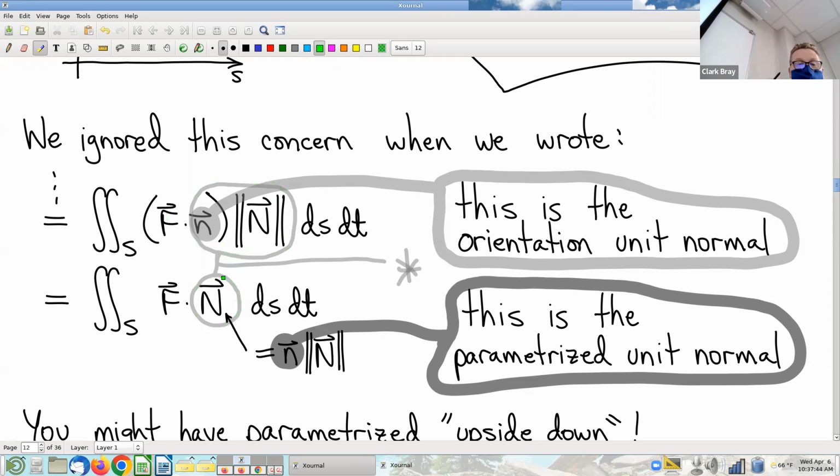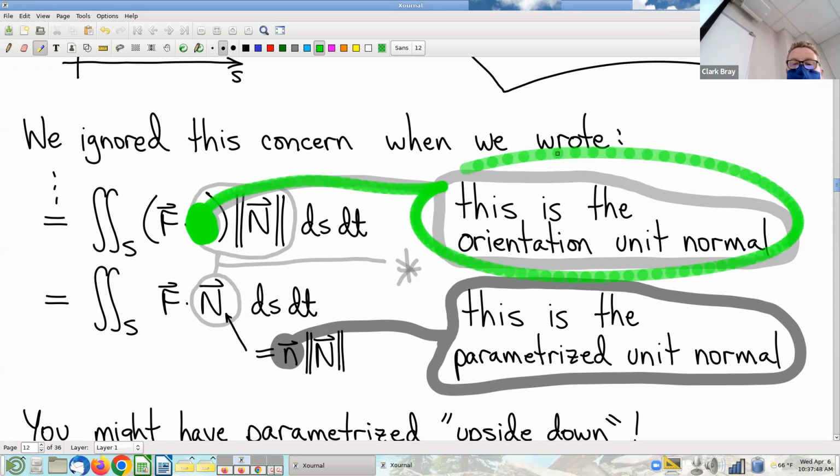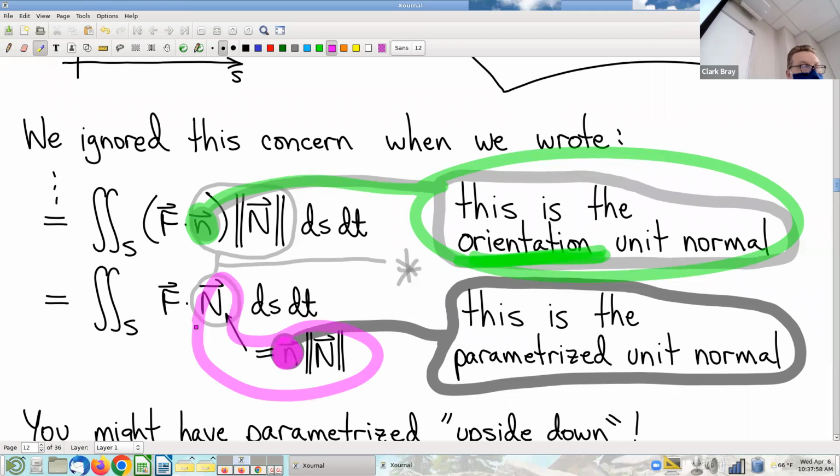My math crime was that I assumed that the normal there, which of course comes from the given orientation, and the normal here wrapped up inside of my parameterization, this normal comes from the parameterization. And I just assumed that these were the same. I assumed that the green normal is the same as the purple normal. And of course it is not necessarily.